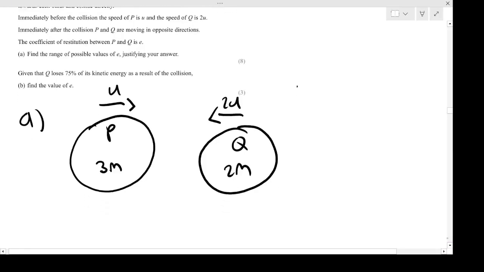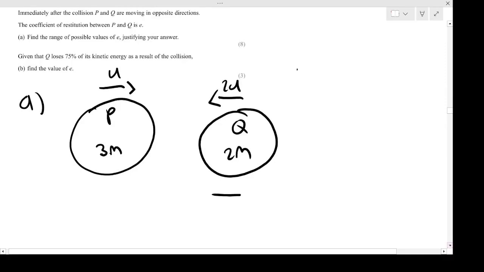Then we're told after the collision they're moving in opposite directions. Now, usually, pretty much always, you're going to want to take the second particle to go to the right after the collision, okay? So I'm going to call that V2 because if it was to move to the left, it would have to kind of phase through P, right?